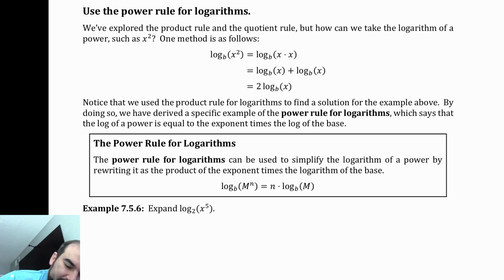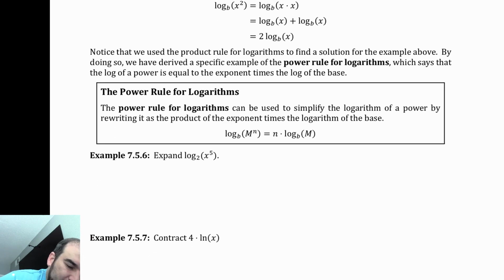Finally, the last thing we're going to look at is called the power rule. And I think this is the most used property of logs, where if you have any kind of exponent inside of a logarithmic expression, you can take that exponent and move it to the front of the log as a product.